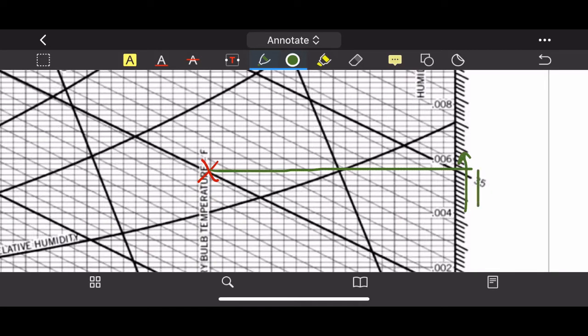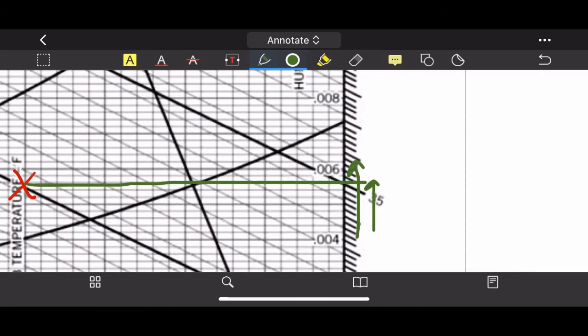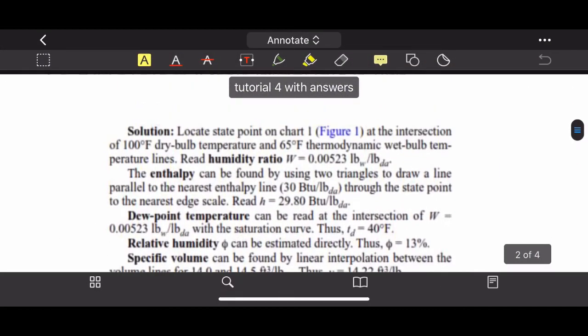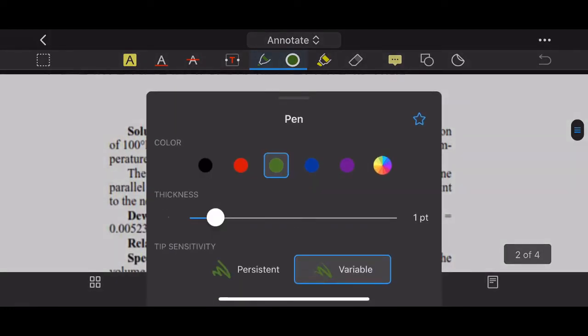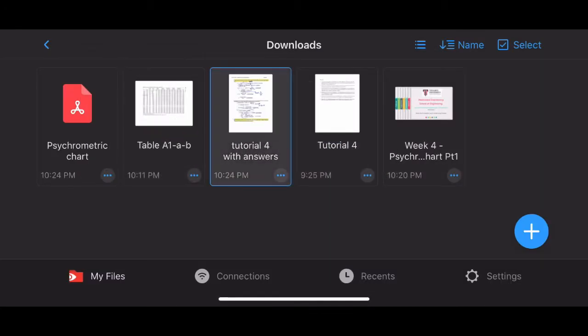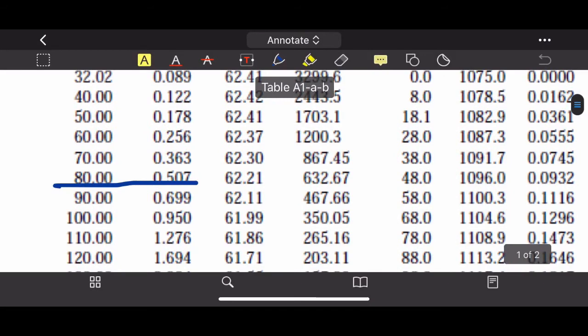And from here to here, what is the distance? By using the ruler, you can get pretty much the answer. And given on the answer script is, let's go back to the answer script, 0.00523 pound water over pound of dry air. Okay, that's number 1, which is the humidity ratio.